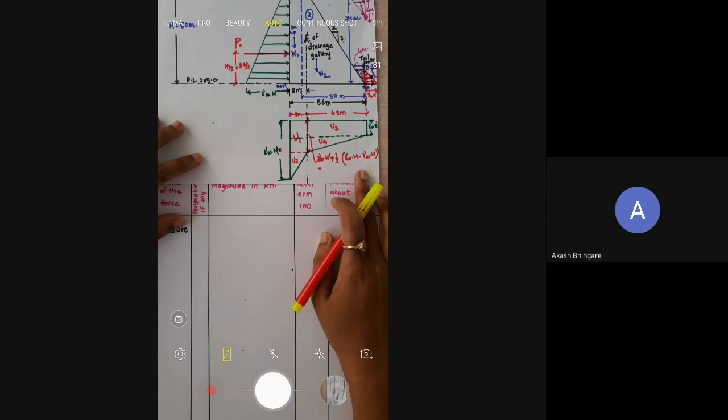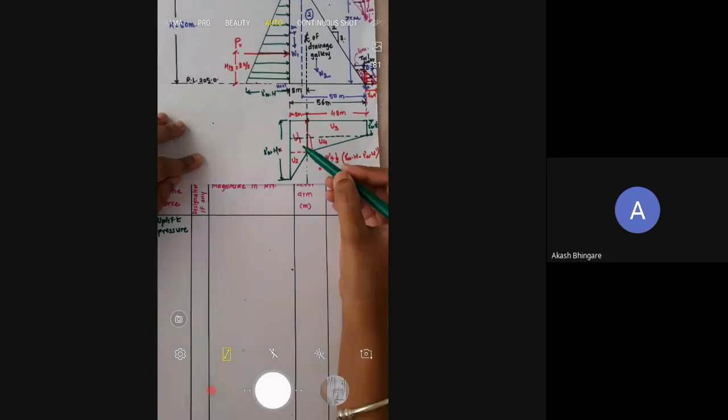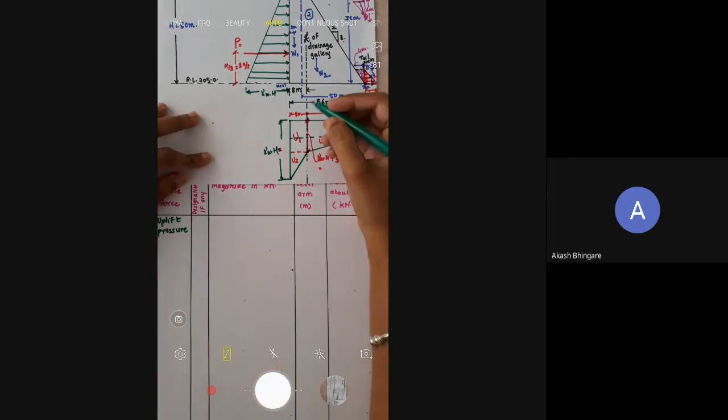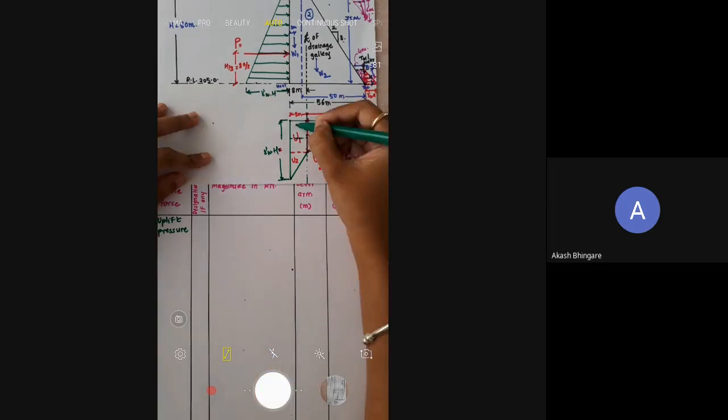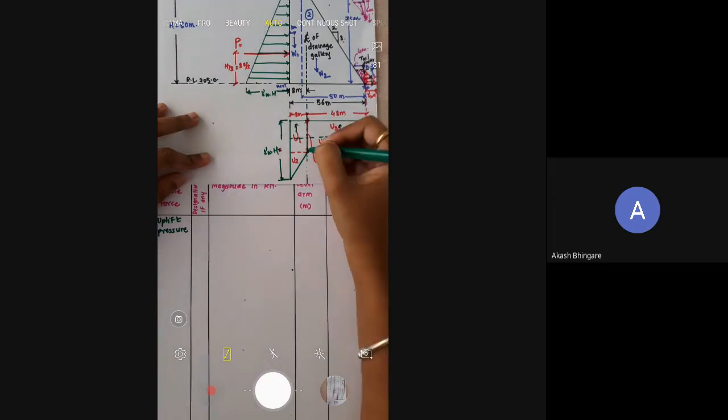Okay, uplift pressure we will calculate now. Here we have divided this figure into 4 different parts, U1, U2, U3 and U4. One by one we will calculate. As this is the uplift pressure, it will be acting in the vertically upward direction. So what will be the sign conventions for all these forces, U1, U2, U3, U4?